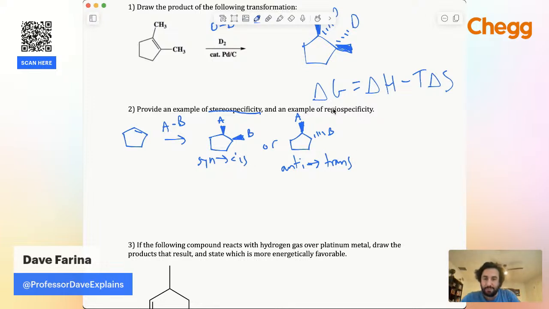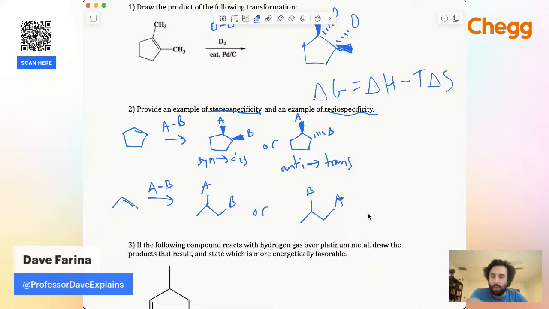Then regiospecificity, that is when you could have potentially different structural isomers, but you preferentially get one. So here, let's do another addition reaction. Let's say we can get A there and B there, or we can get B here and A here. And so these are different structural isomers.